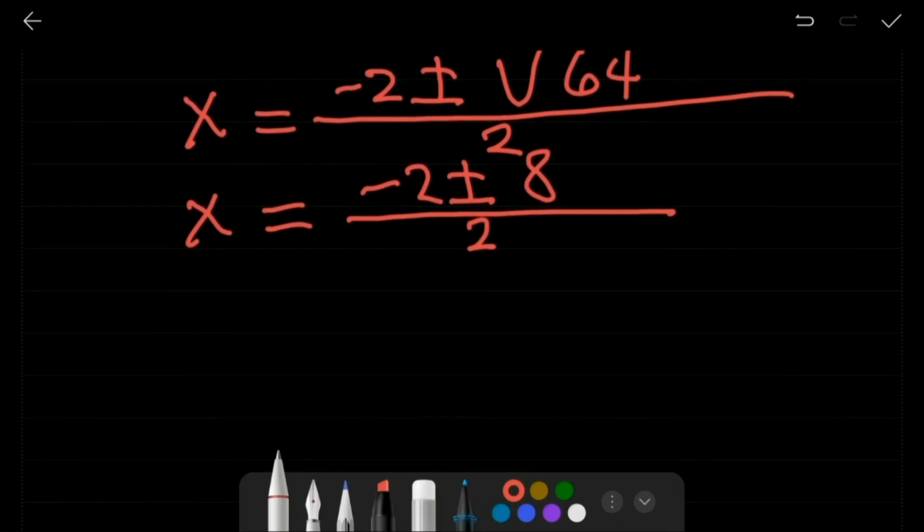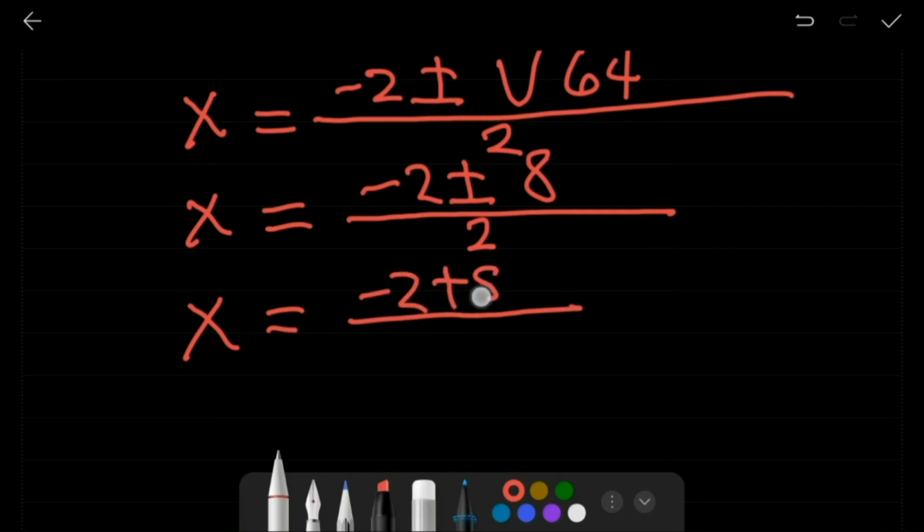Then using the positive sign, x is equal to negative 2 plus 8 over 2. Negative 2 plus 8 is positive 6 over 2, and this is equal to 6 divided by 2 is 3.